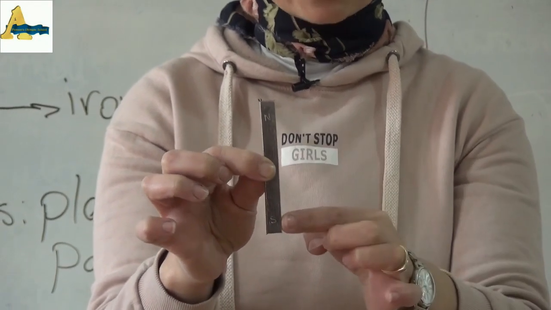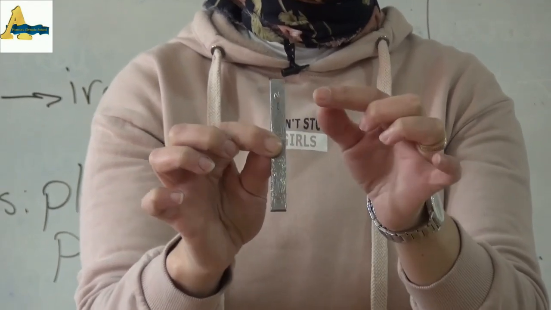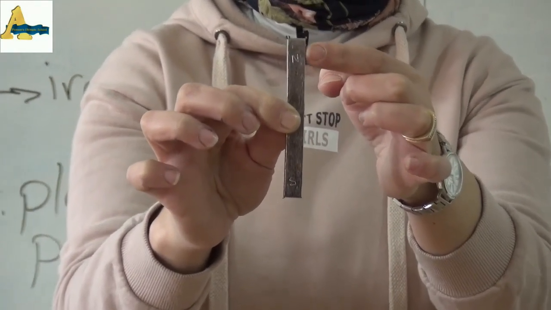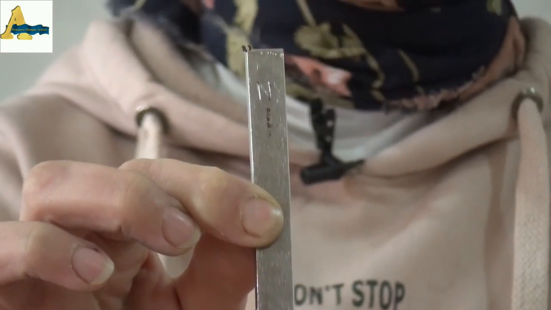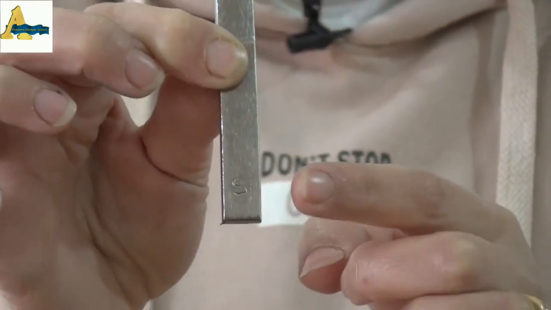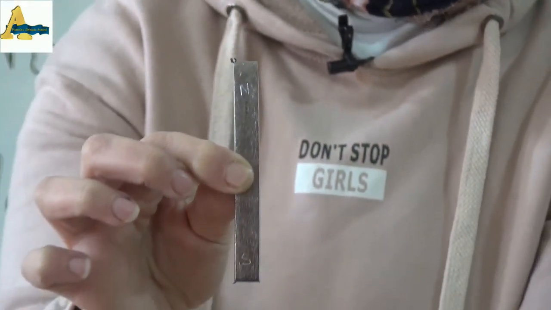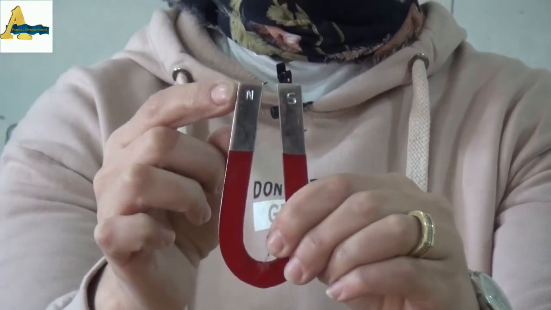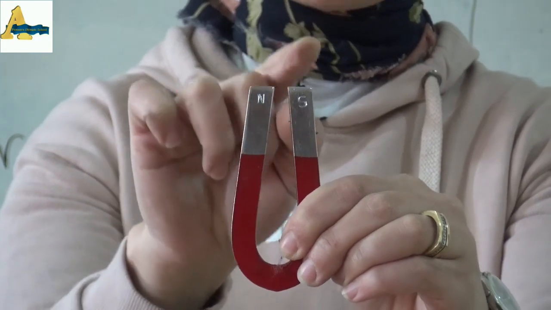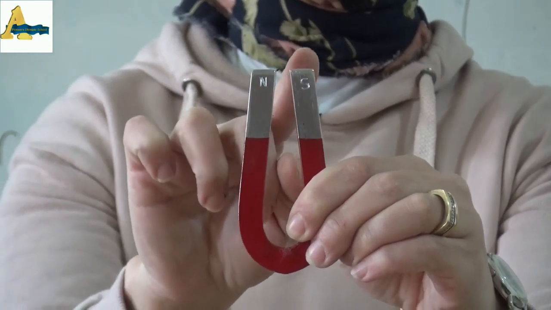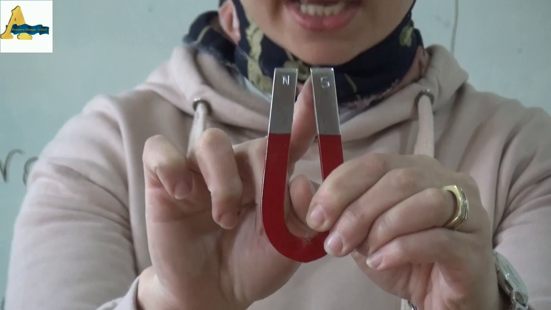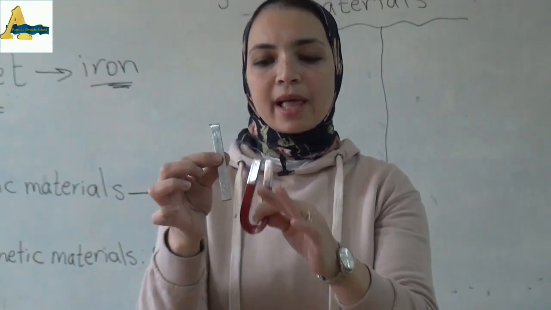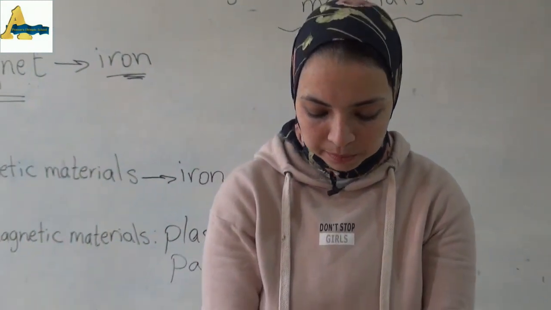The north pole is represented with N, and the south pole is represented with S. You can see it here also. Any magnet has two poles, north pole and south pole.